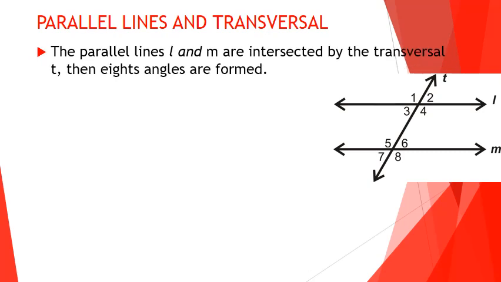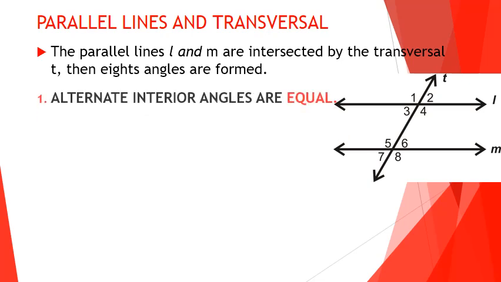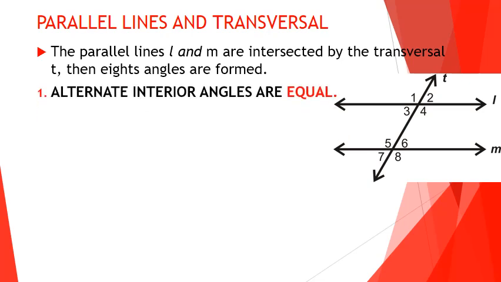The parallel lines L and M are intersected by the transversal T, then 8 angles are formed, and their properties we are discussing. The first one: we already learned what is meant by alternate interior angles and alternate exterior angles.